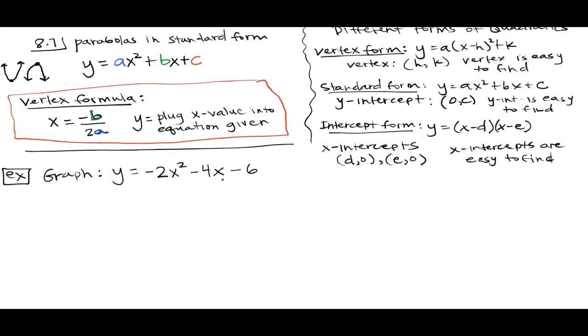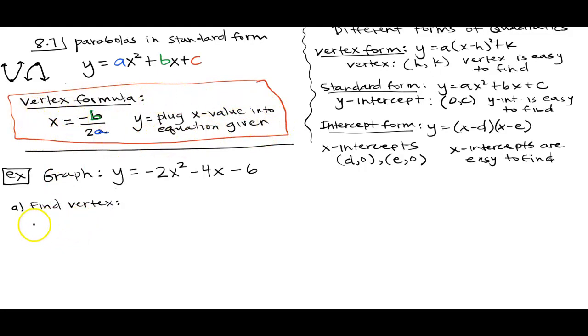Okay, so that is our equation that's given to us. And then in order to graph it, it will ask us to find different things on it. So the first thing it's going to ask us to do is find the vertex. So that means we're going to have to use this vertex formula to do that.